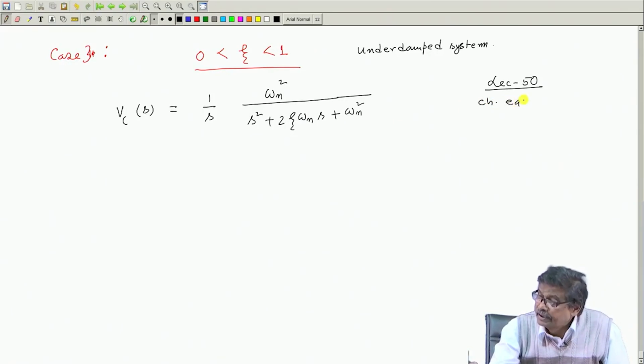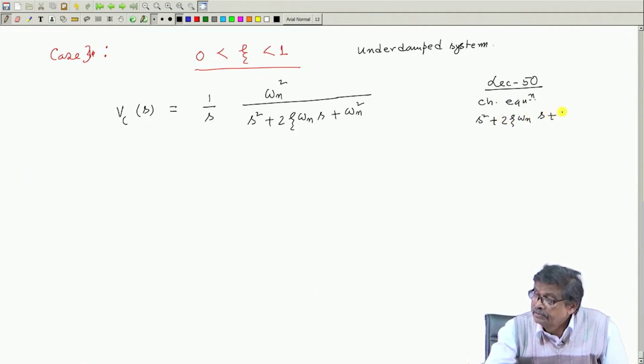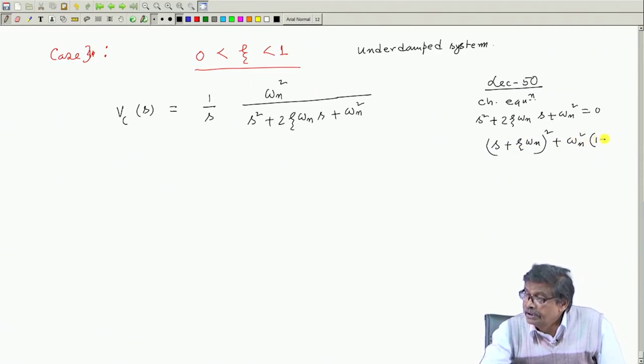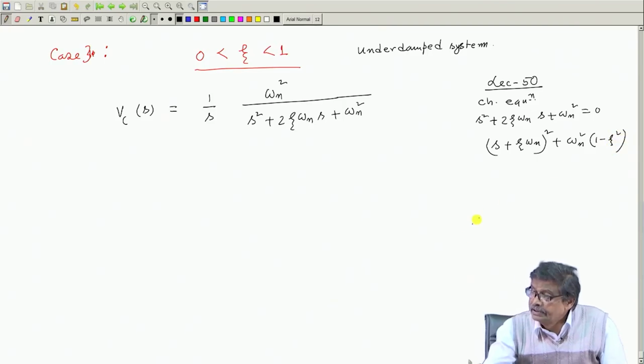Let us do it side by side: S square plus 2 zeta omega n s plus omega n square equal to 0. This is nothing but S plus zeta omega n whole square plus omega n square into 1 minus zeta square, since you have added and subtracted omega n square zeta square, and that is equal to 0.